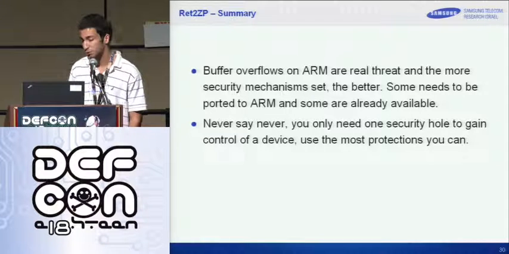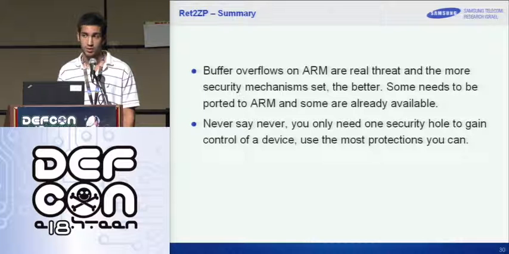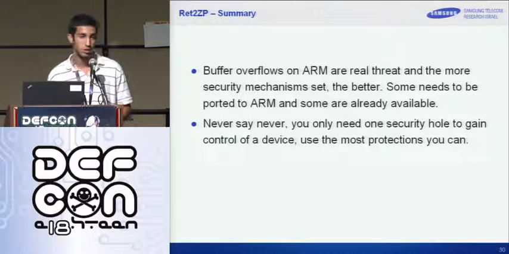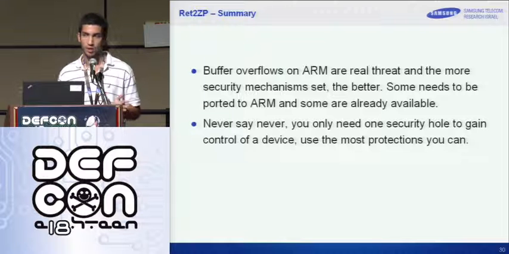Buffer overflows on ARM are actually a real threat. We need some more security mechanisms set up, like full ASLR on mainline; we want to do that. And if you're writing applications for ARM, don't count on them being unexploitable, because they can be exploitable, like you can see.